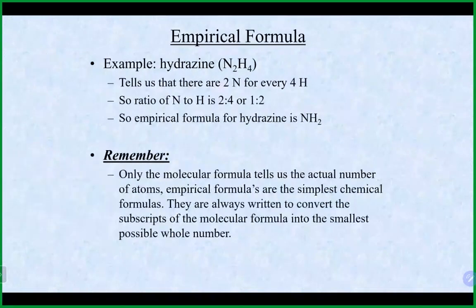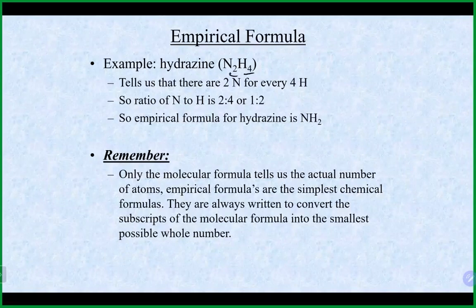So once again, here's another example, N2H4, that is 2 nitrogens for every 4 hydrogens, which gives us an empirical formula of NH2, in this case by simply reducing everybody down by 2. Again, only the molecular formula tells us the actual number of atoms.